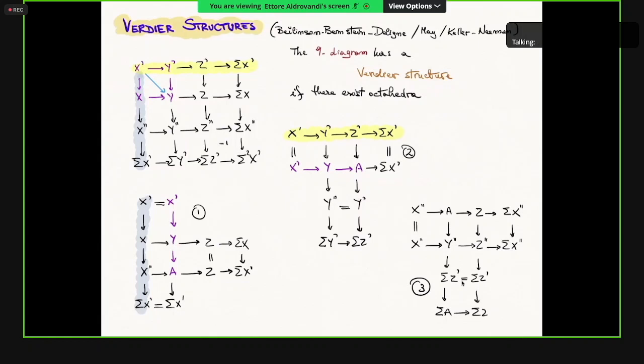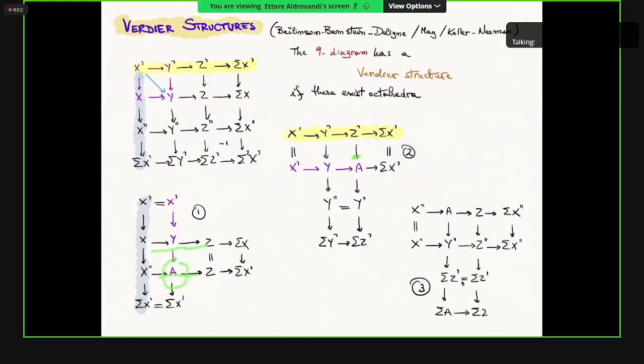So the way it works is that essentially the morphisms that are constructed here, in particular, the existence of this object is the combination, as you can see, of certain cones that you see here.